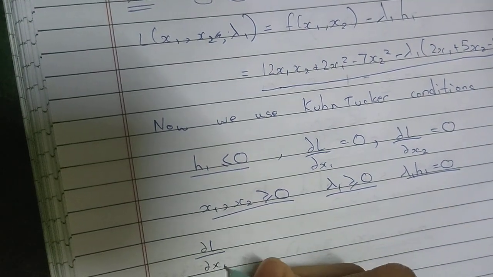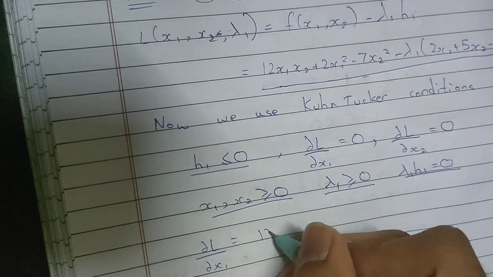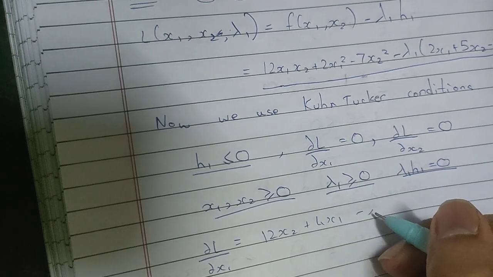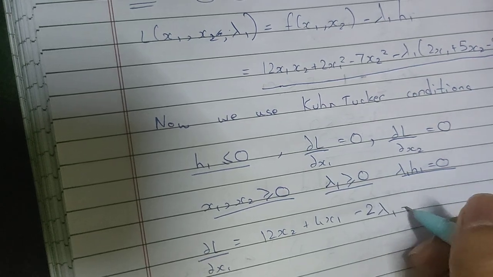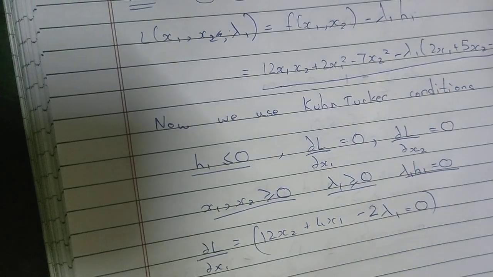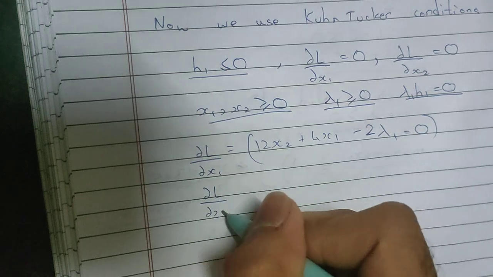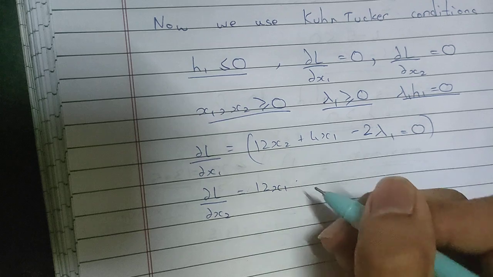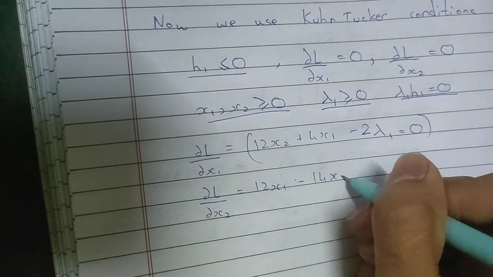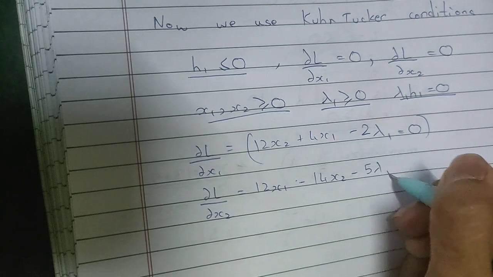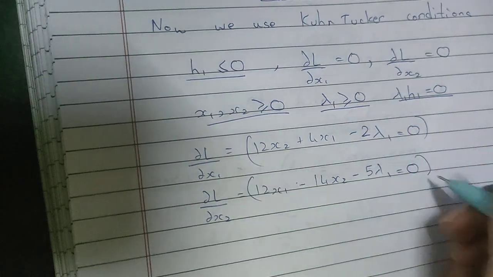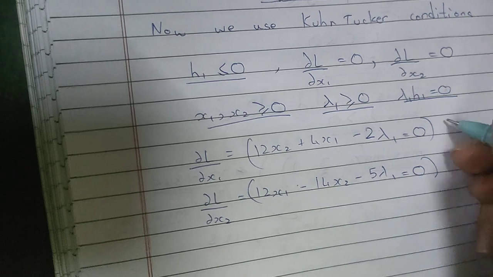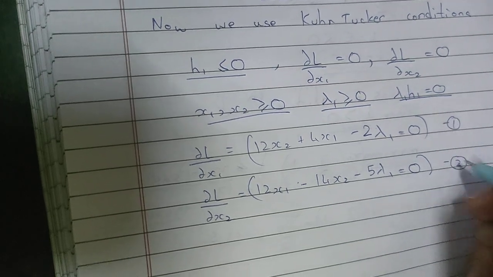Now del L by del x1 can be calculated easily, and we get it as 12x2 plus 4x1 minus 2 lambda 1 equal to 0. Then we get del L by del x2 as 12x1 minus 14x2 minus 5 lambda 1 equal to 0. Now this is 1, this is 2.